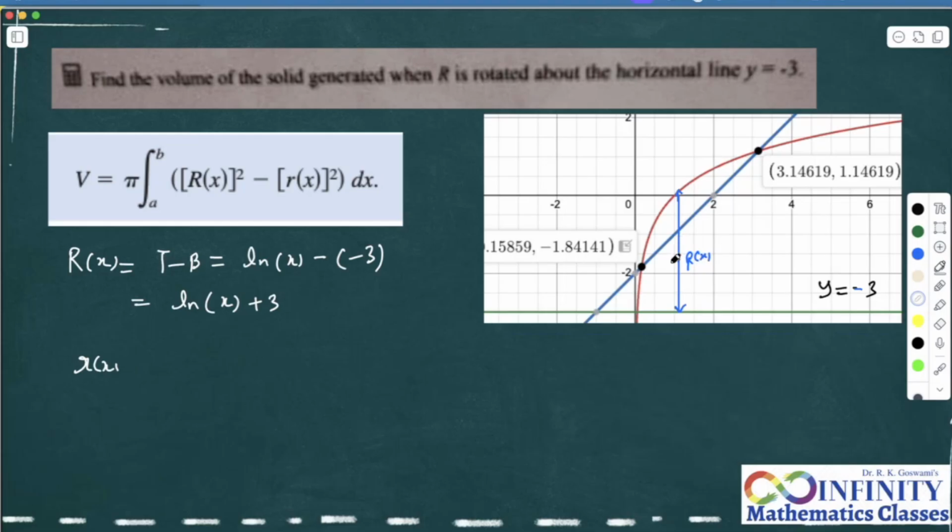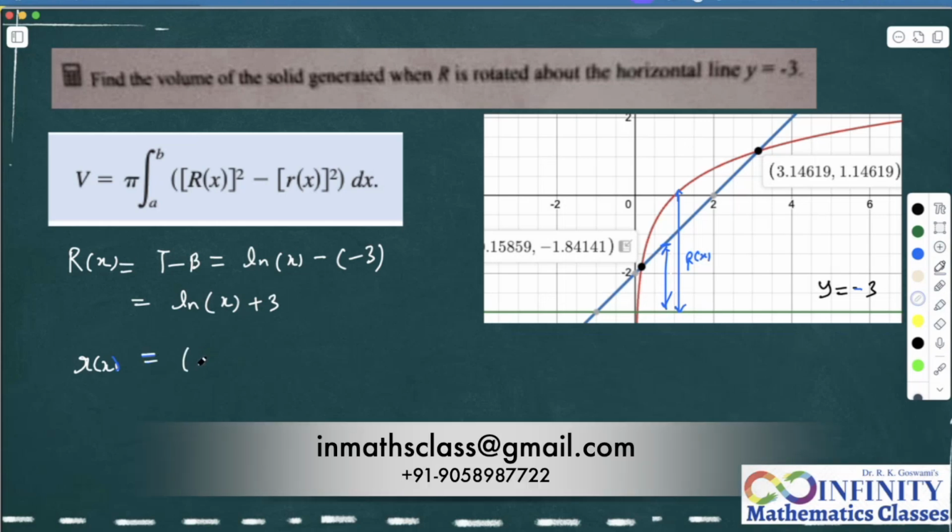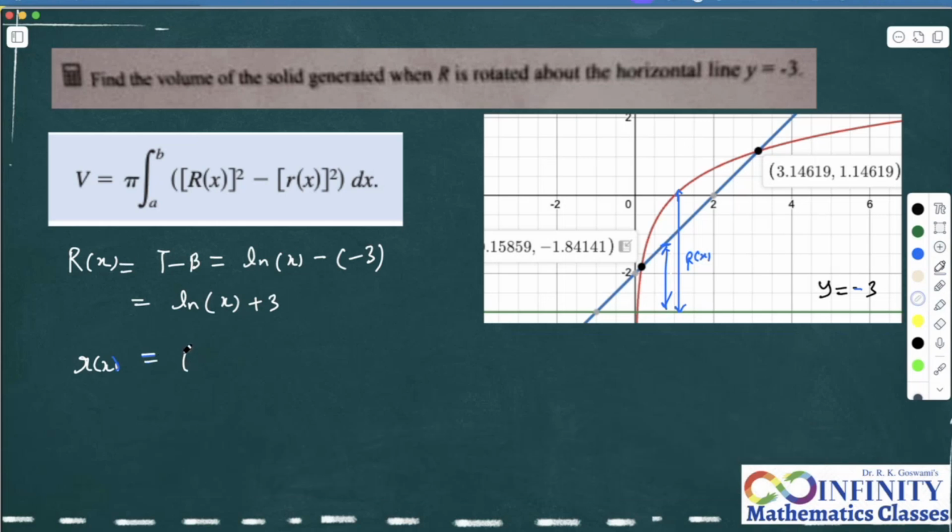What is small rx? Again, this is going to be the length. The same situation is there. But I need to go up to this line only. This is your small rx. It is going to be the same, top minus bottom. What is the top? Top is the straight line. What was the straight line? Give me a second.